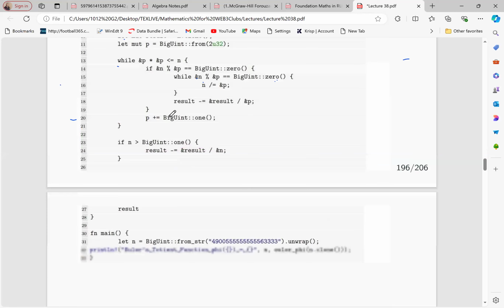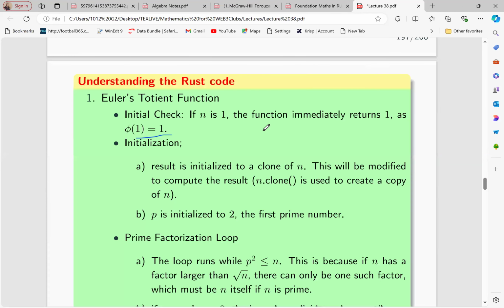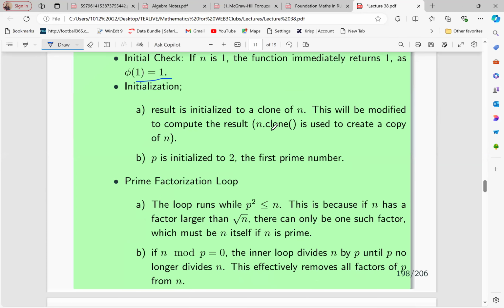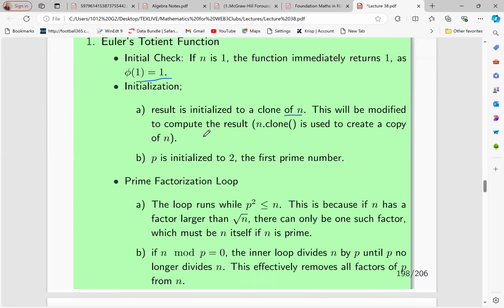This is immutable. That is why we are using n clone, which is used to create a copy of n. That's what n clone means. So it's mutable. This value will be changing from n and so on.